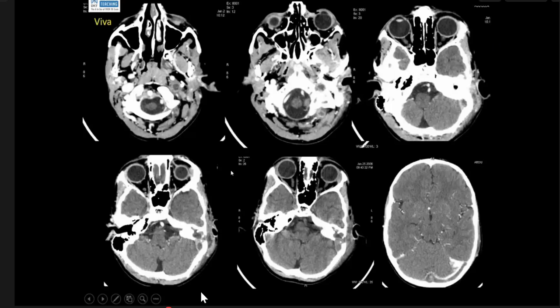So these are still images of the contrast-enhanced CT images of the base of the skull and lower parts of the brain. There is a low density filling defect seen within the sigmoid sinus, and there appears to be bony irregularity and disruption at that area.